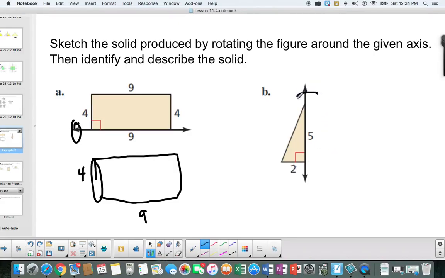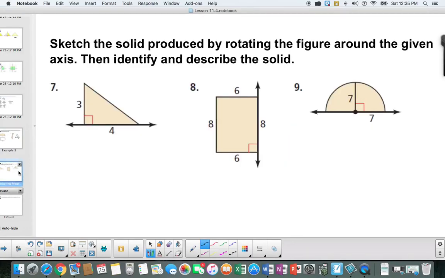We're going to revolve around the axis. This is going to suggest a cone, and the cone's height will be 5, and the radius will be 2. Okay, your turn. Go ahead and stop the screencast and see what you can do.